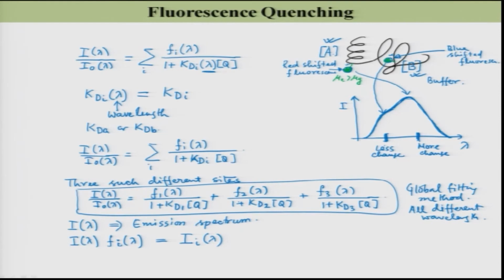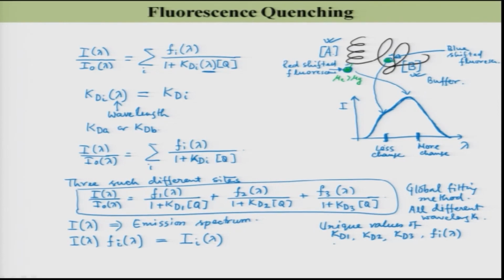So, for each wavelength, if you plot I by I0 and fit it, you will get unique values of Kd1, Kd2, Kd3 and also all the Fi lambdas at each wavelength.